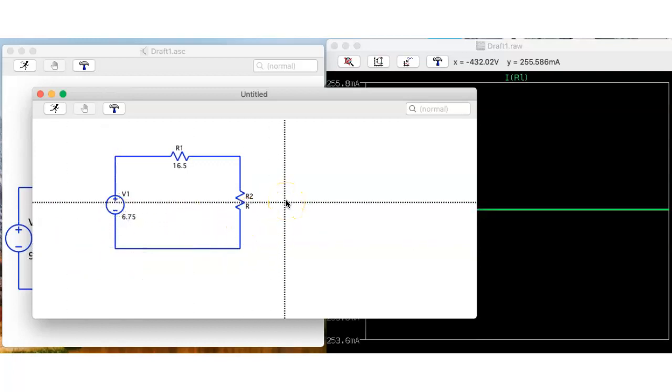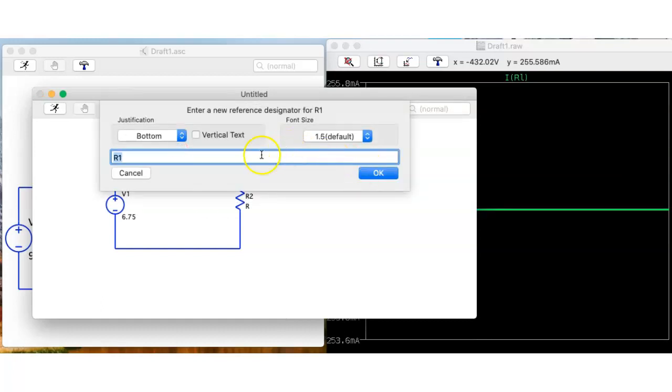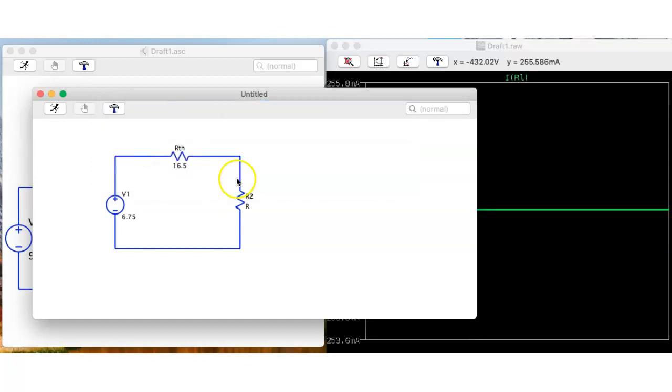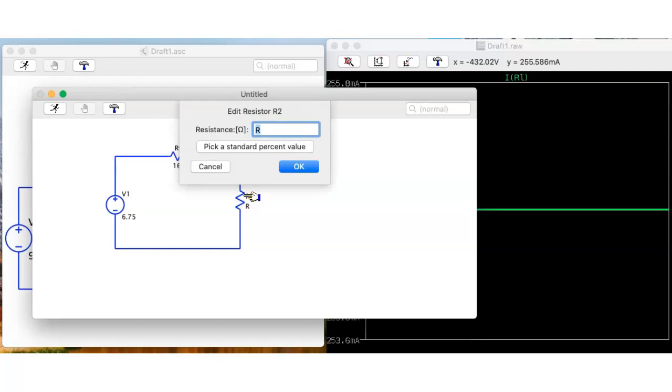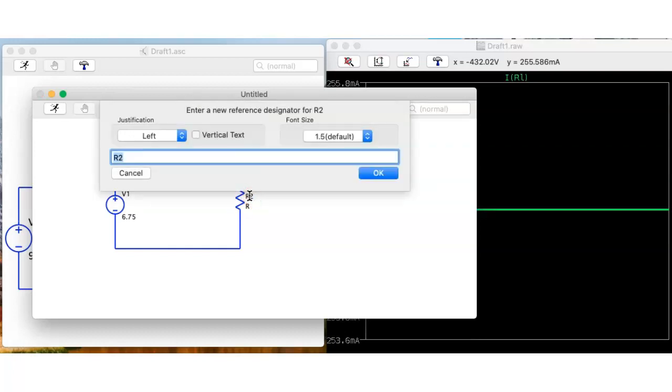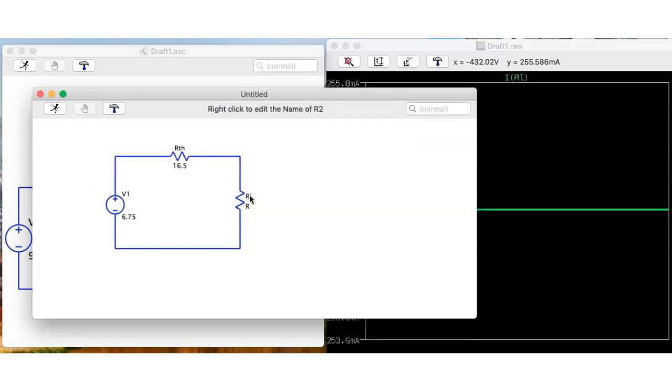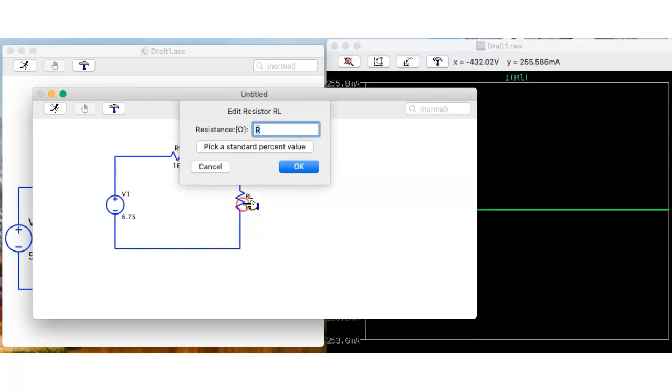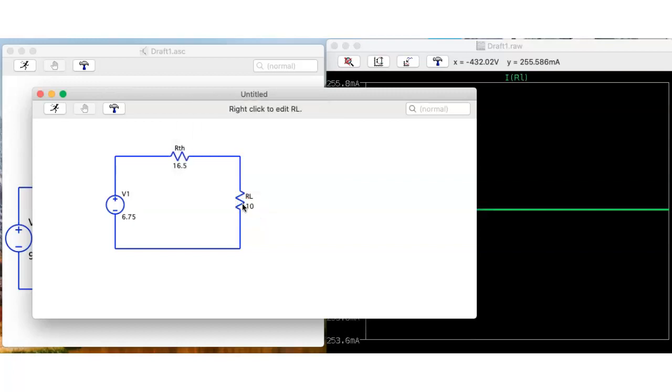So this is the Thevenin equivalent circuit. Now let's change the name of this resistance. This is RTH and this is the load resistance, and the value of this resistance is 10 ohm.